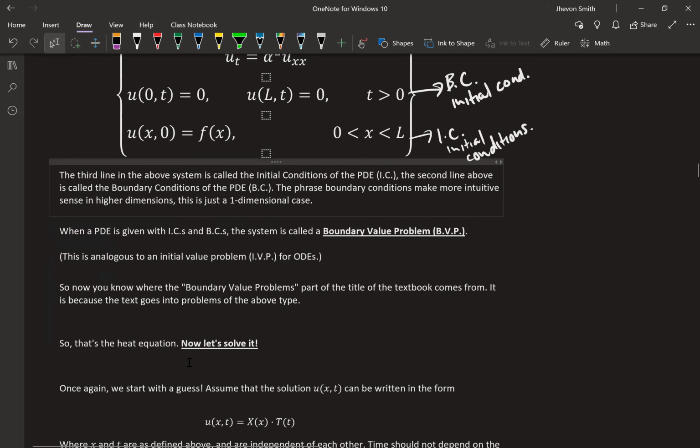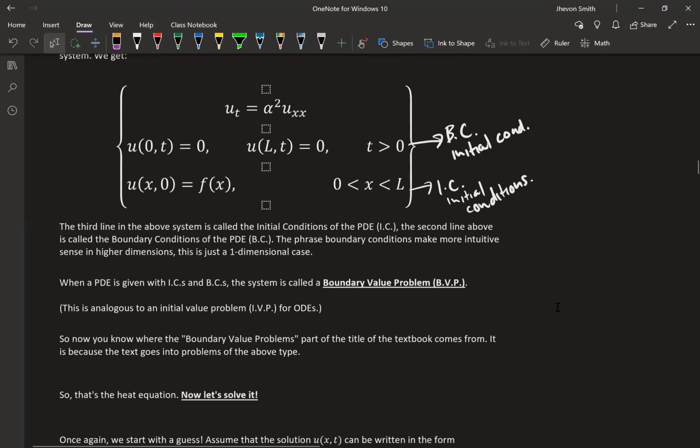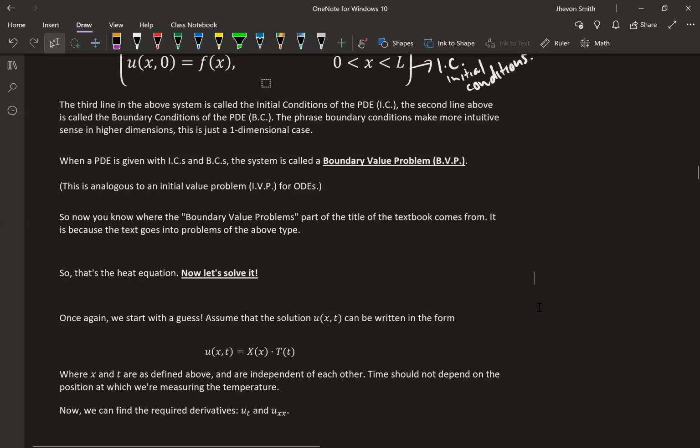So now let's actually solve this. We have just derived the heat equation. We know the boundary conditions that we want to satisfy and the initial conditions that we want to satisfy. Now let's look at the solution to the heat equation. How can we solve such an equation? Well, in good old ODE fashion, what we're going to do is start with a guess.